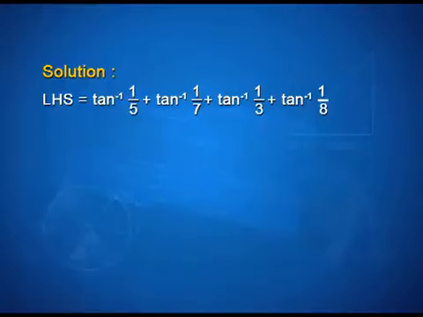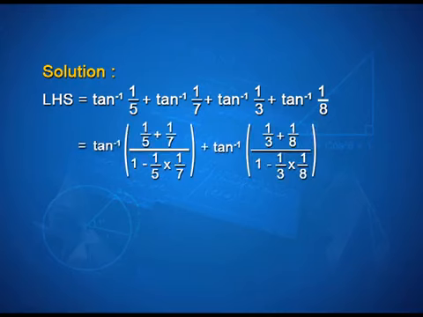If I start from the left hand side, this is what I would get. Tan inverse of 1 by 5 plus tan inverse of 1 by 7. Applying the formula would give me tan inverse of 1 by 5 plus 1 by 7 by 1 minus 1 by 5 into 1 by 7. Similarly, apply it on the next 2 terms.